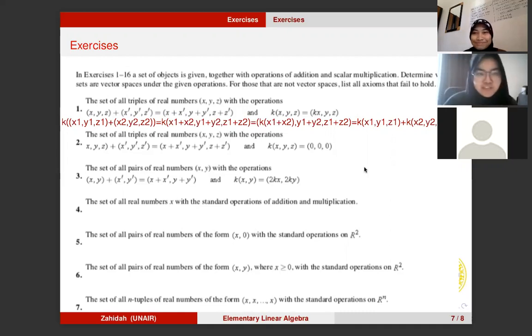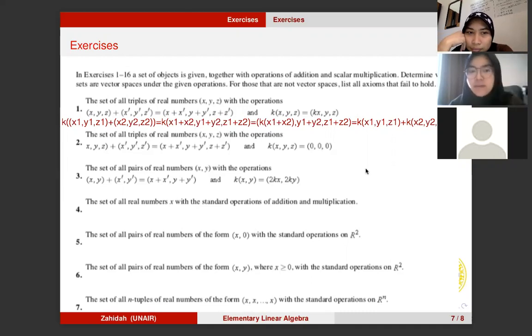A bit confused actually. Still confused where? Oh, because I thought we need to look at the behind, k(x, y, z) plus (x', y', z'), and the rest is, k in bracket (x, y, z) bracket equal to k(x, y, z).